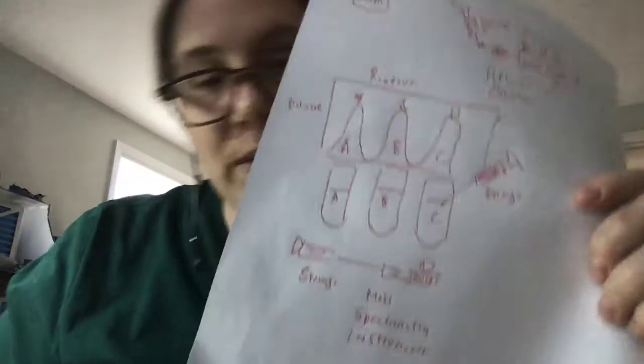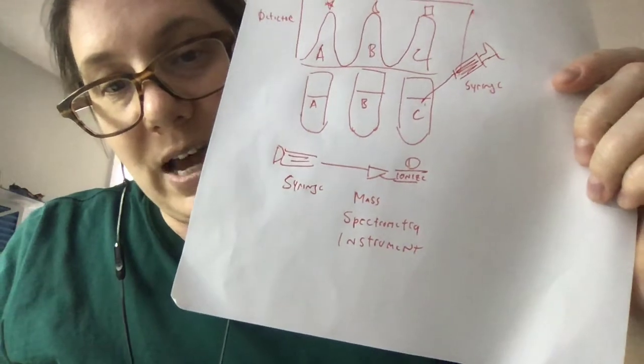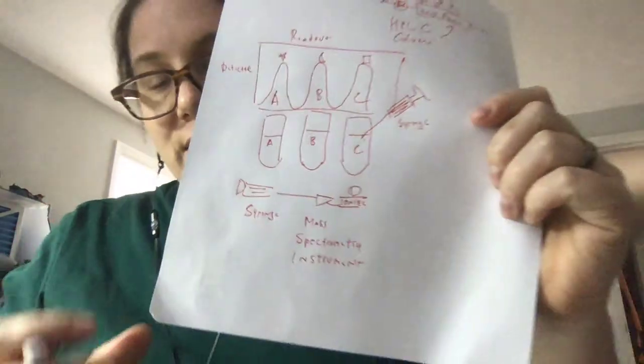So I'm going to put it into a mass spectrometry instrument. And the first thing that's going to happen inside the instrument is that it's going to ionize the molecules. So let's say they all have +1 charge.